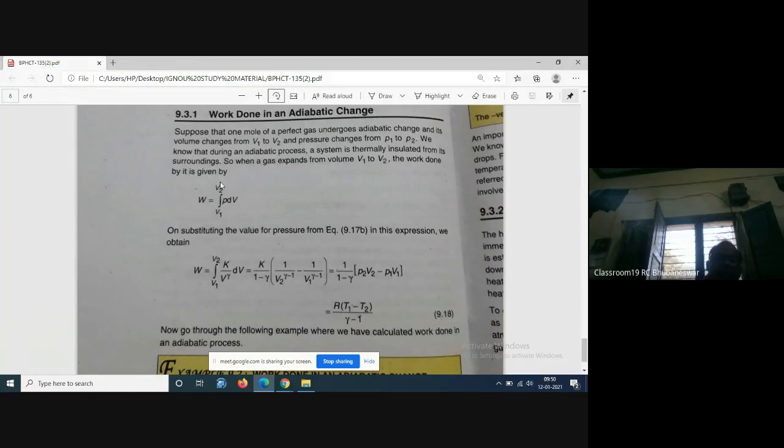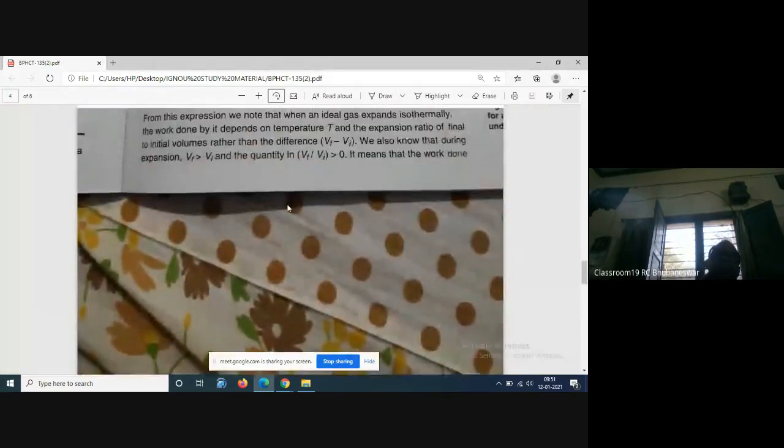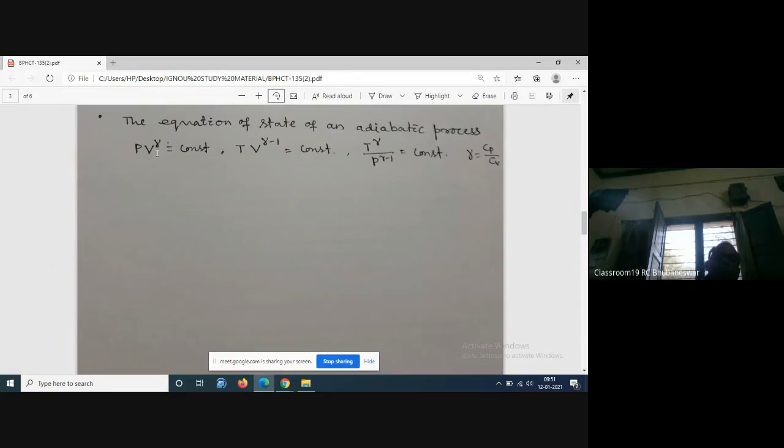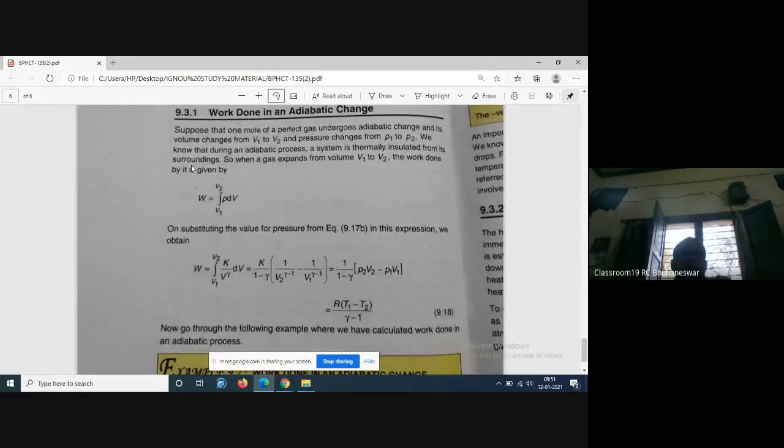In adiabatic process, what we find is P V to the power gamma equal to constant K. So P equal to K by V to the power gamma, right? So in place of P, we write here K by V to the power gamma.